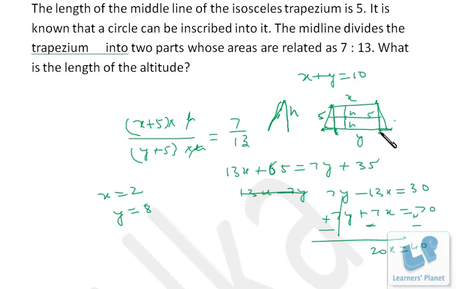So if this is 2, this plus this must be 6, and these two are also equal, so it must be 3. So we have the 3, 4, 5 Pythagorean triplet. That means the height of this trapezium, or the length of the altitude, must be 4. Okay, an interesting problem. Various concepts we have used in solving the problem. Okay, I hope you are clear.